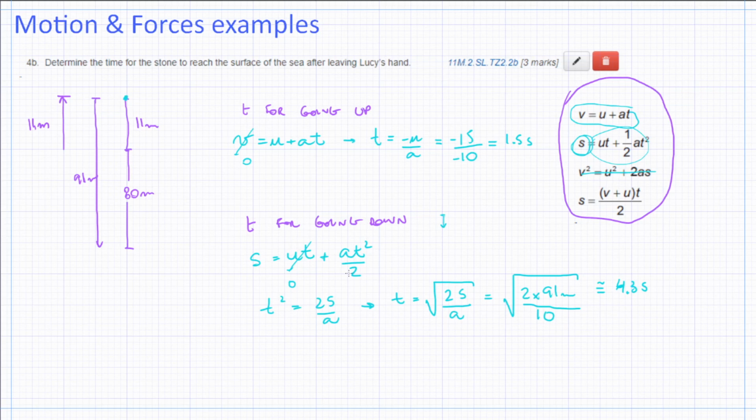So the total time would then be, you add those two, 1.5 plus 4.3. So this would be 5.8 seconds. And that's done.